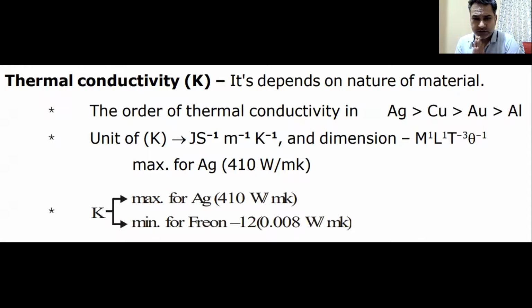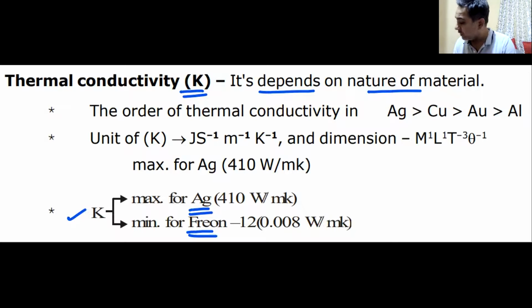Then let's move on to the next thing, which is thermal conductivity K. I have seen a lot of questions asked on this particular topic. What is thermal conductivity K? It depends on the nature of the material. Gold will have a different thermal conductivity, and so will silver, iron, copper, aluminum, brass. K is maximum for silver and minimum for freon. The order of thermal conductivity, silver is more, aluminum is less.